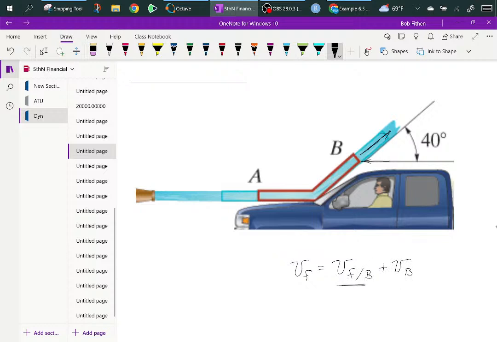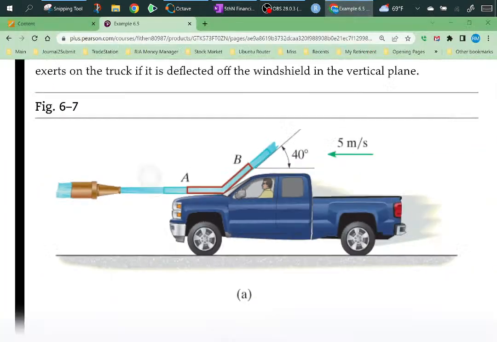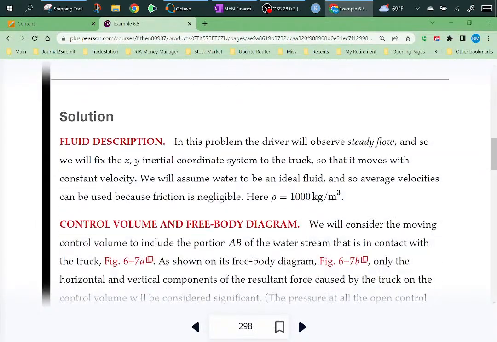So this fluid relative to the truck is going to be one thing, and then the VB is going to be the -5. So let's see how he handles that. I probably should have copied all that.